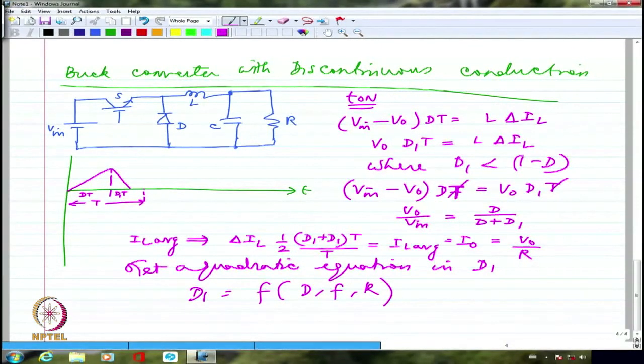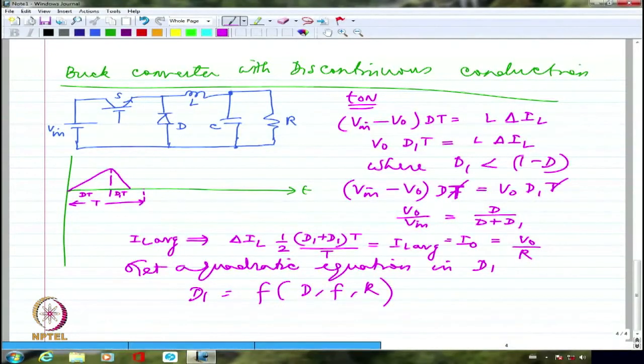So when you solve a problem in the buck converter, for example, if you find that the inductance current is going negative for a given value of inductance, duty ratio, V in, V naught and R, then you know that it is actually getting into discontinuous conduction, because inductance current cannot go in the negative direction in the DC-DC converter.